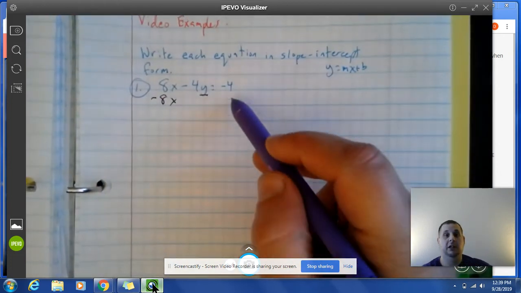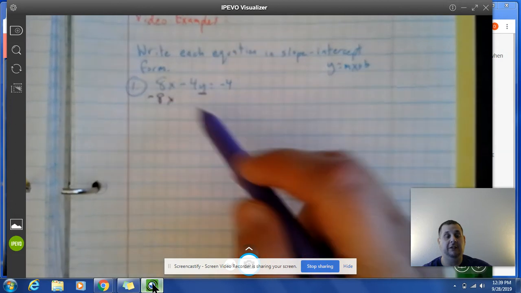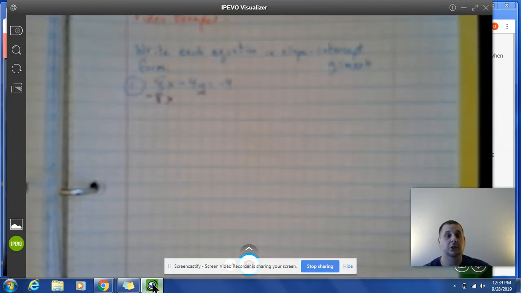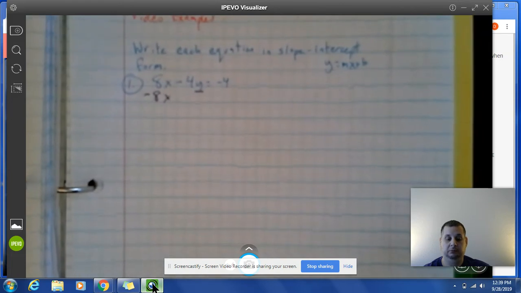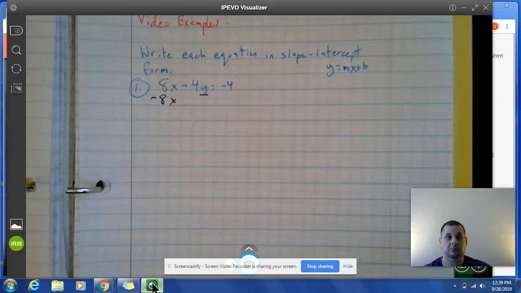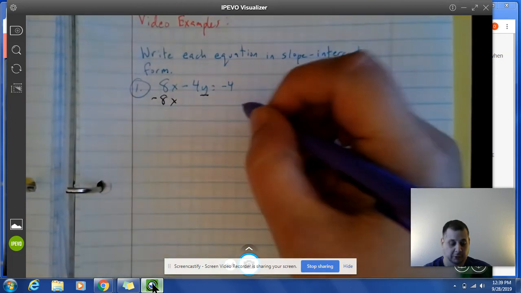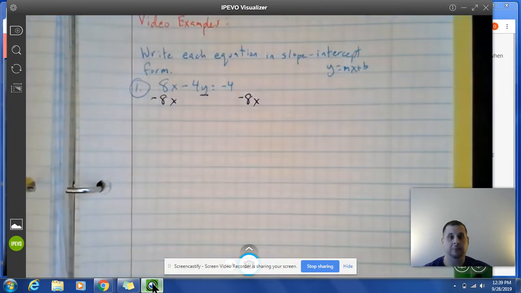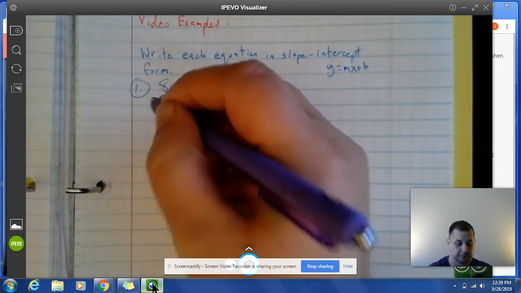And guess what? Negative 4 and negative 8x, they're not like terms. So what we're going to do is put this negative 8x off to the side like this, okay?